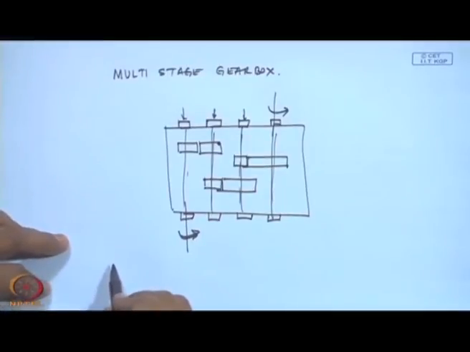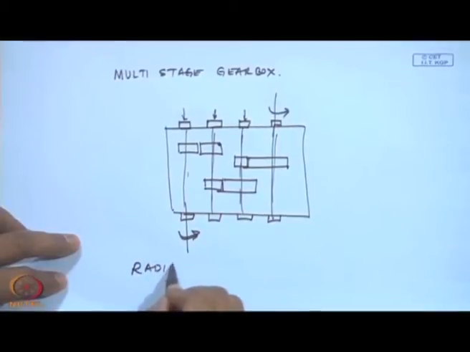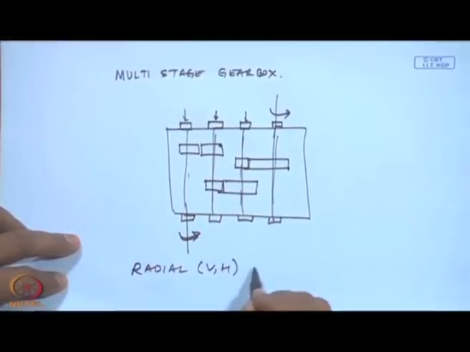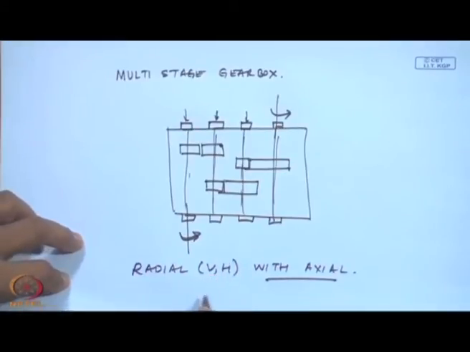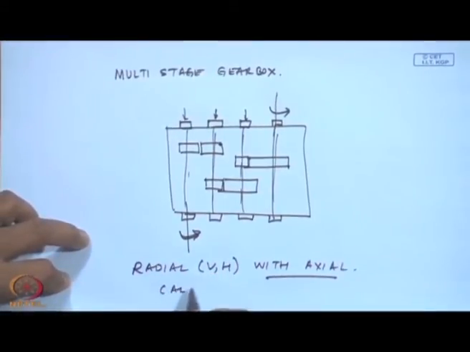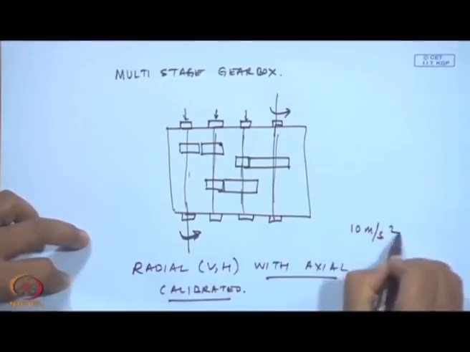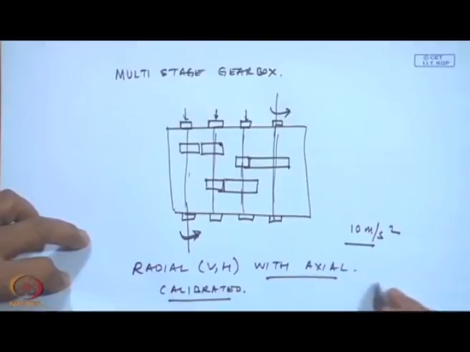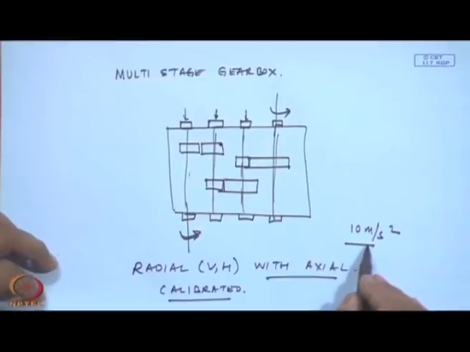Another thing to be very, very careful about is when we have to compare the radial, that is the vertical and horizontal, with the axial. We have to be sure that the accelerometers have been calibrated, and when I say 10 meters per second square in a particular direction, I also mean that it has been calibrated for that level.